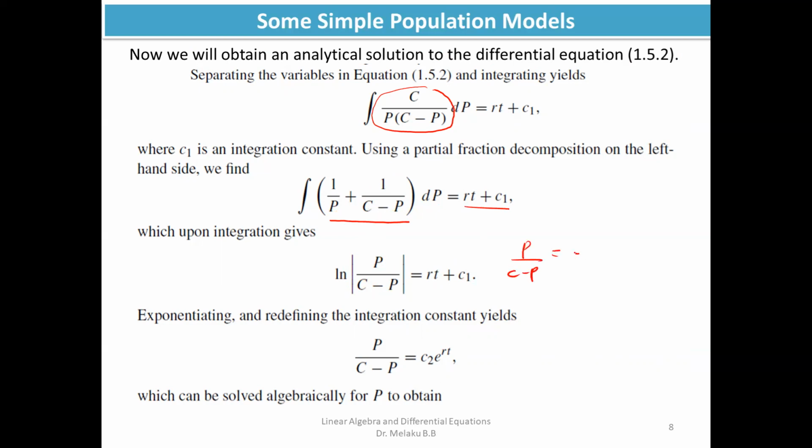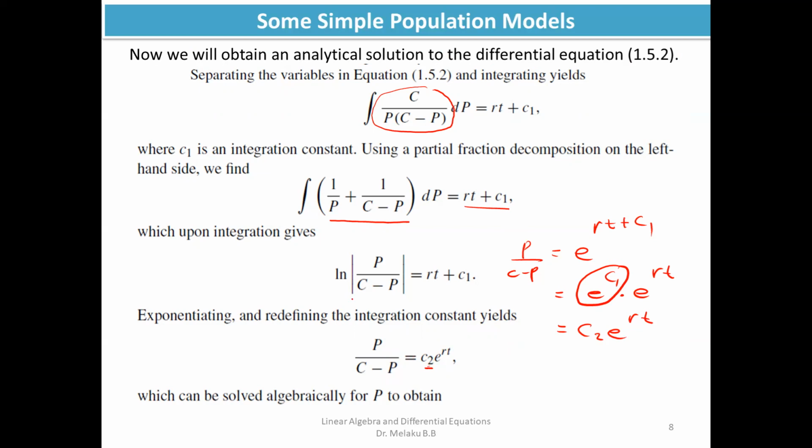It will be e raised to rt plus c1. And of course, we can write this as e raised to c1 times e raised to rt, and we can consider e raised to c1 as a certain constant. Maybe we can call it c2. That's why it is written this way, P over (C minus P) equals c2 e raised to rt.